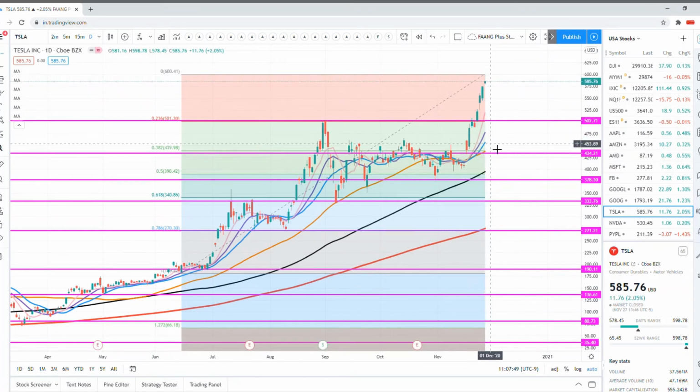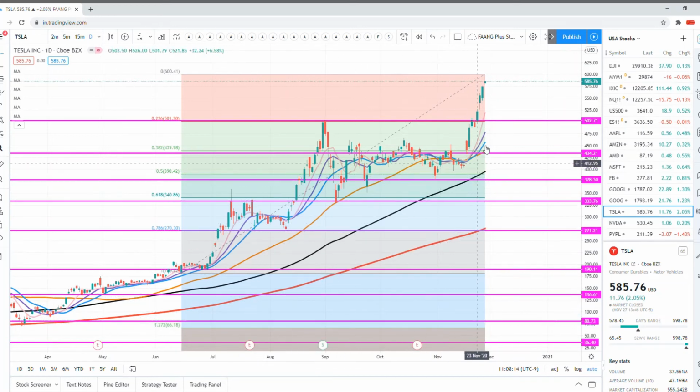The pink line which we see over here is the 8-day moving average. The 13-day moving average is the purple line. The blue line is the 20-day moving average, and the orange line over here is the 50-day moving average. The black line is the 100-day moving average, which is extremely important. The 200-day moving average is a classic red line.